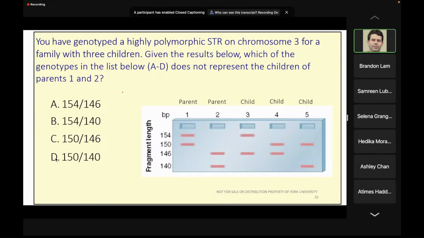We're almost done. Last slide. You have the genotype of a polymorphic STR on chromosome 3 for your family with 3 children. Given the results below, which of the genotypes in the list below, A to D, does not represent the children of parents 1 and 2?